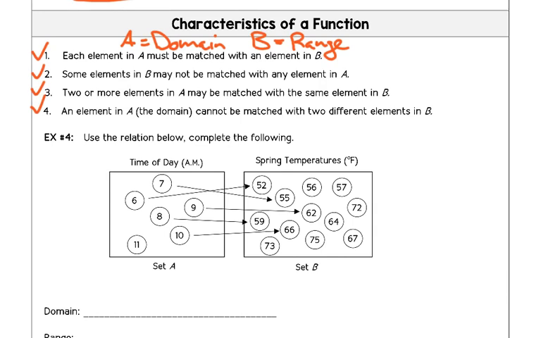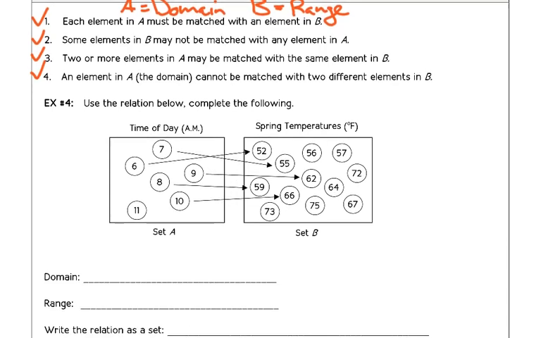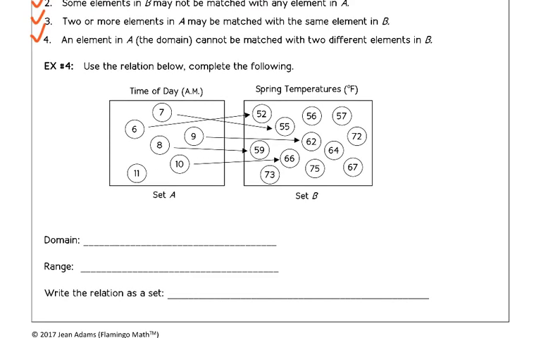And now we're going to look at example number 4, which is a relation, not a function, right? And we're going to see what the domain, range, and the relation as a set are. So for this relation, why is it not a function? Why is it only a relation, not specifically a function? Well, if we look at our 4 rules above, which one is it violating?